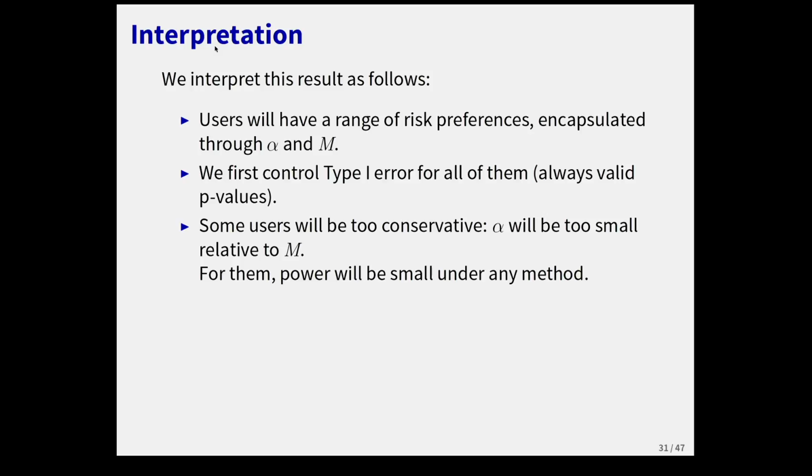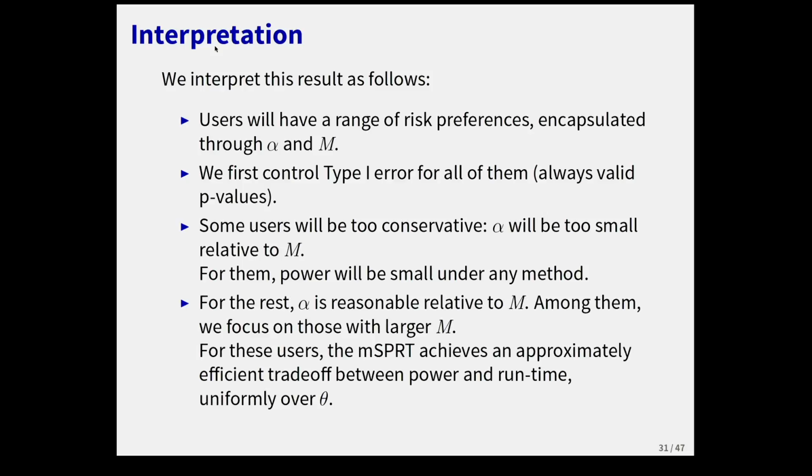Some users are going to be too conservative. Alpha will be too small relative to their m. And for them, power is going to be small under any method anyway. So we don't optimize for these users. For the remainder, alpha is, quote unquote, reasonable relative to m. And among those, we focus on those with larger m. And for those users, I would say the mSPRT achieves an approximately efficient trade-off between power and runtime uniformly over theta.